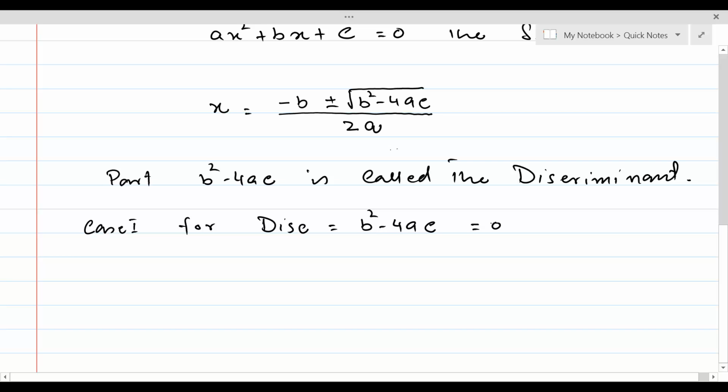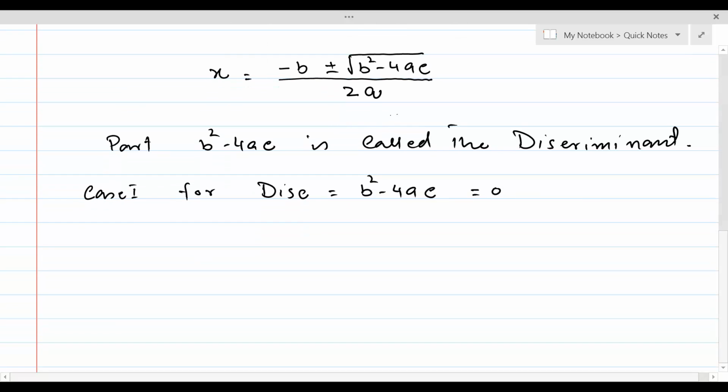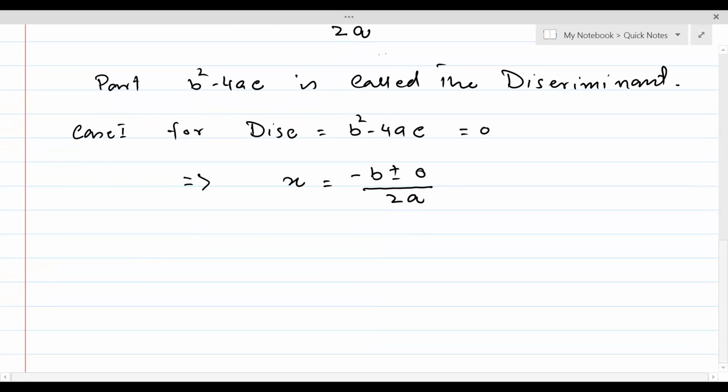If the value of this discriminant is equal to 0, this means x is equal to minus b plus minus 0 divided by 2a. So essentially the values of x are the same. X is equal to minus b over 2a.